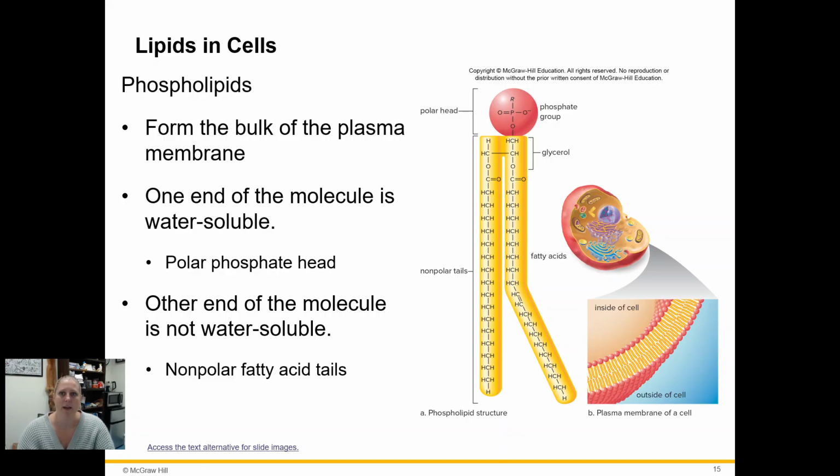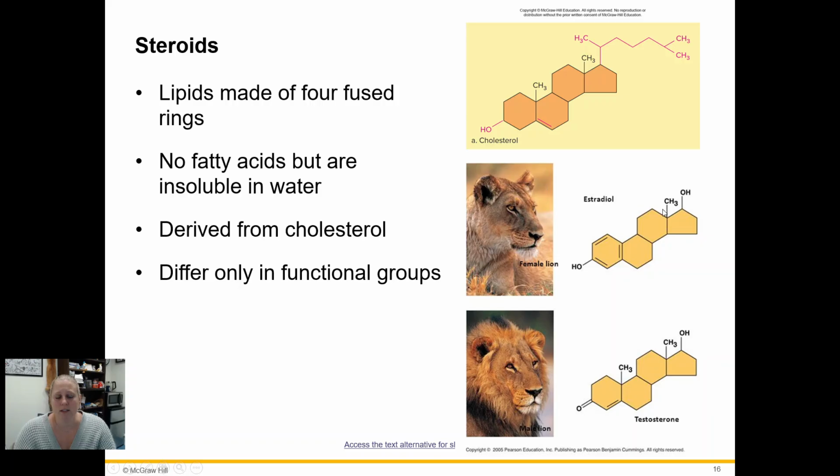Last but not least, and not last at all within the lipids themselves, but the last one I want to talk about today is your steroids. Steroids are also often called hormones, and hormones are a key part of maintaining functionality within organ systems. Steroids are often put into the bloodstream to then move around the body to the different locations that they will be needed at.